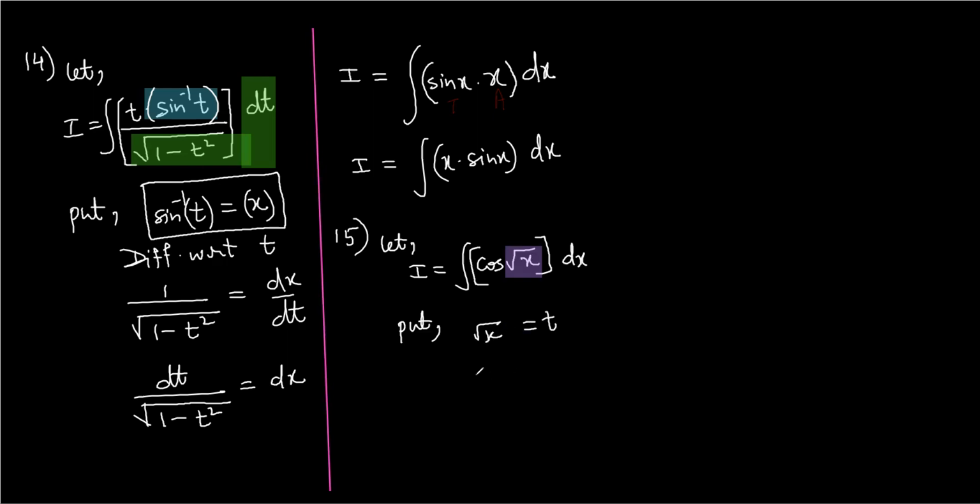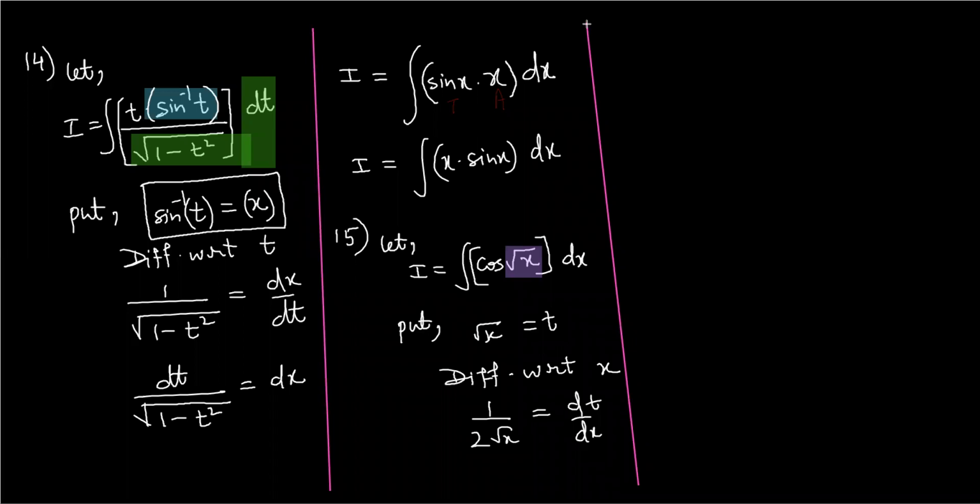So when I put root x as t, what is the next step? The next step is I differentiate with respect to x. d by dx of root x is 1 upon 2 root x, and this is d by dx of t.